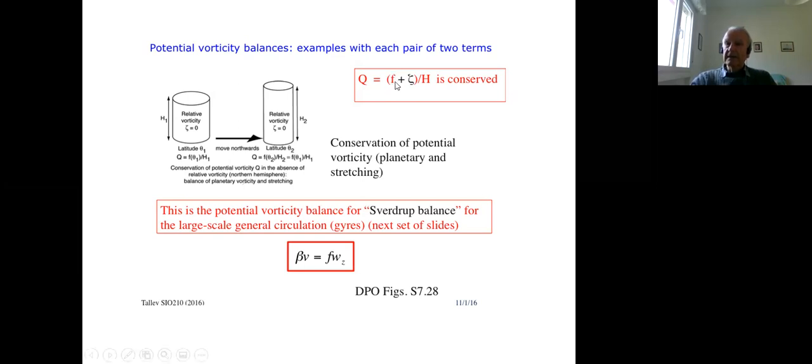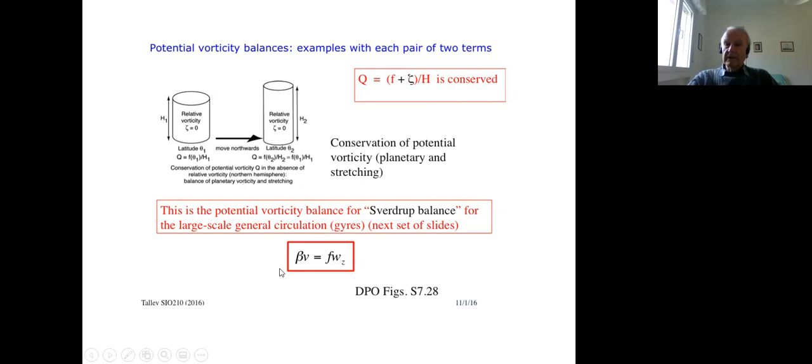So how do we decrease this? We decrease f by moving the water column towards the south. In the same amount as there is an increase of the relative vorticity, the planetary vorticity has decreased, and this makes q conserved unless we have changes of depth.